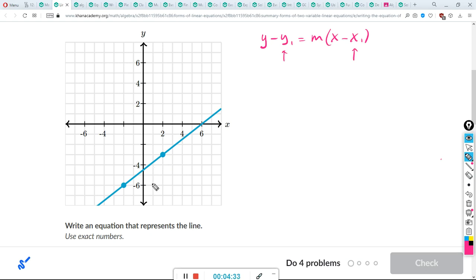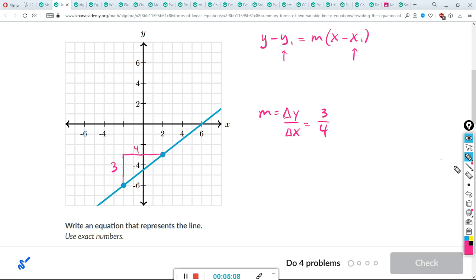Let's do the slope first. I'm going to go up 1, 2, 3. That's a positive 3. So slope is change in y over change in x. Change in y is positive 3, and the change in x, 1, 2, 3, 4. That's a positive 4 since I went to the right. So that's our slope.